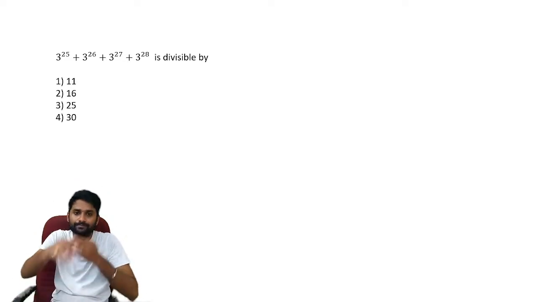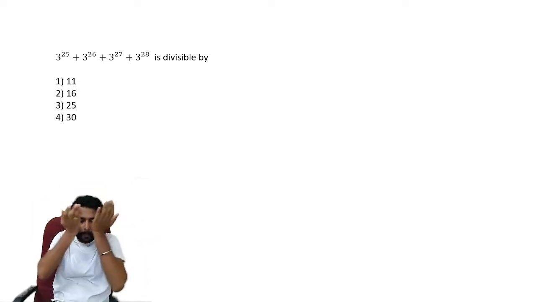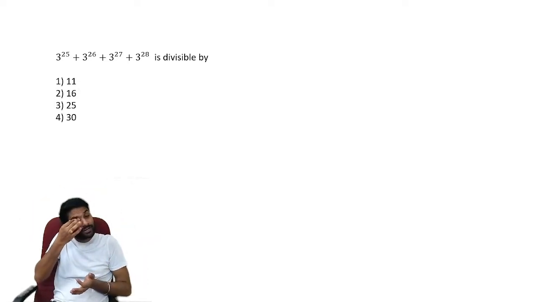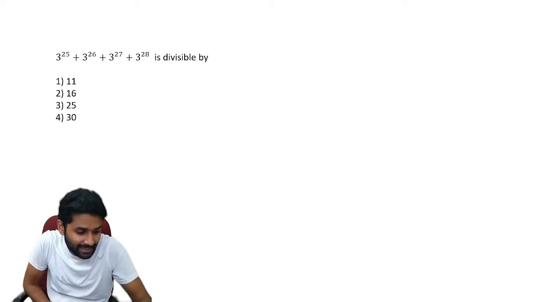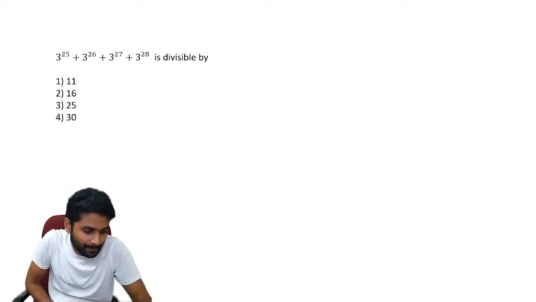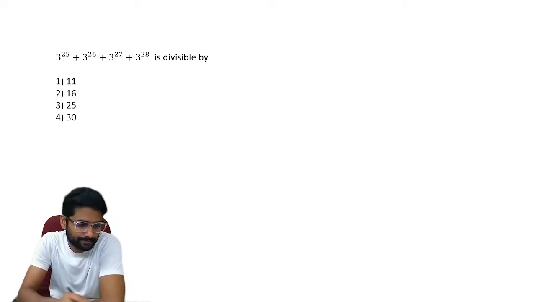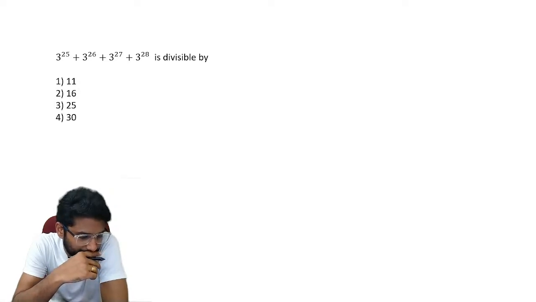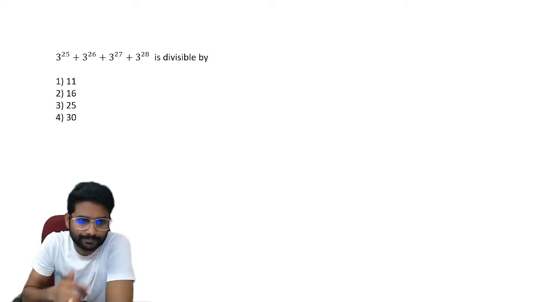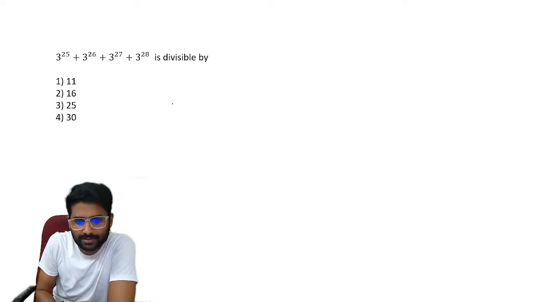Right, on this question, power cycles. 3 power 25 plus 3 power 26 plus 3 power 27 plus 3 power 28 is divisible by which number? Now see here, 3 power 25 is common.